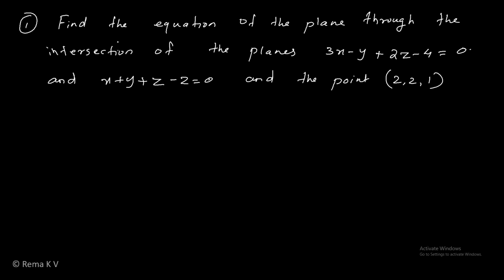So here the plane passes through 2, 2, 1. See, these two are given in Cartesian form.